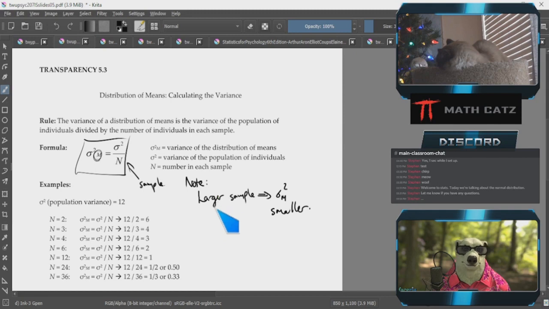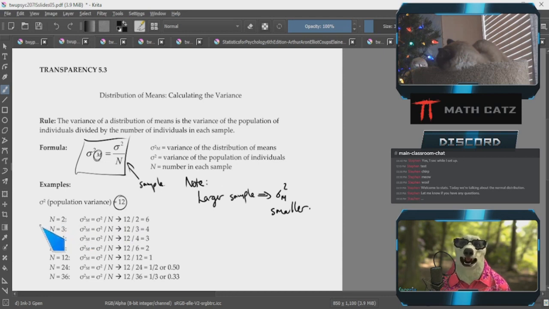So over here, I just have some examples. If my sample size is 2, I have a population variance of 12, for example, randomly. If my sample size is 2, I just make the adjustment by dividing by 2. I get the variance of the distribution of means.